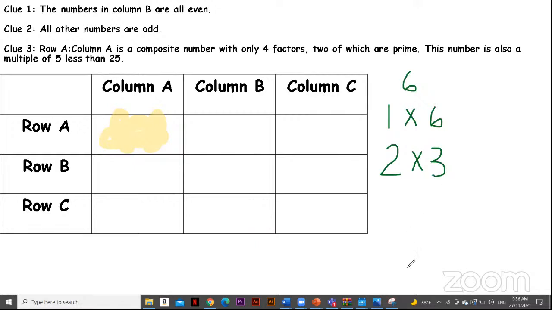And if you look here, you would realize that we have 1 factor, 2 factors, 3 factors, 4 factors of 6. So indeed, 6 has 4 factors, but it is not a number which is a multiple of 5. So 6 couldn't work.